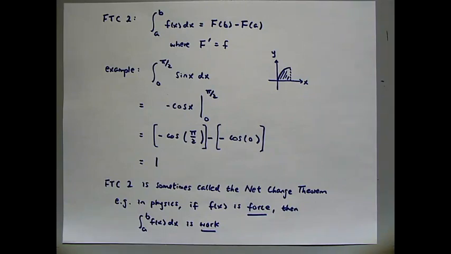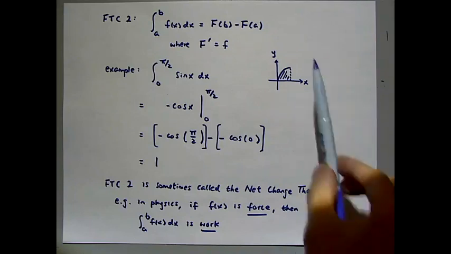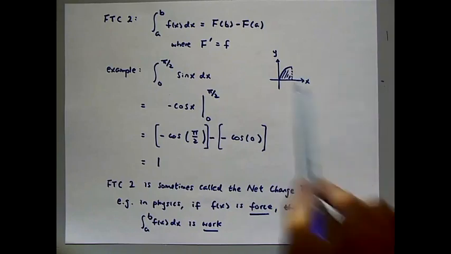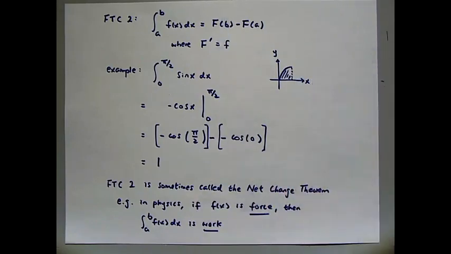Now if you think about force being gravity, for example, this is telling you that all that matters is where you start and where you end. So when you're lifting something against gravity, all that matters is the net change between the initial and the final height. It doesn't matter how you get there. The amount of work done by gravity, or that you have to do against gravity, is the same. If force behaves like that, the force is called a conservative force. But you'll get more into that in physics. Okay, so sometimes you'll see net change theorem, and all that's talking about is just FTC2.